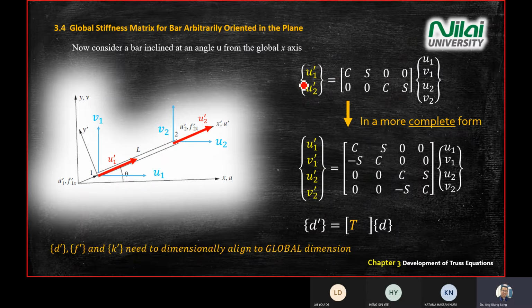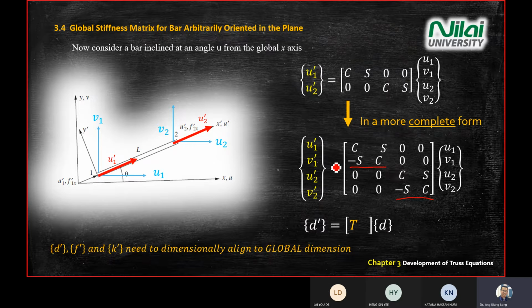So again, we rewrite the equation into a more complete form where we have a 4 times 4 matrix. This is a 4 times 1 matrix. If you multiply these two, you cancel the middle one and you get 4 times 1. That's why you have a 4 times 1 matrix on the left. All right, Lai, do you understand why suddenly there's a minus S here and a minus S here?